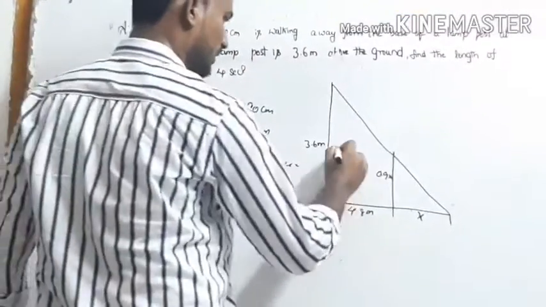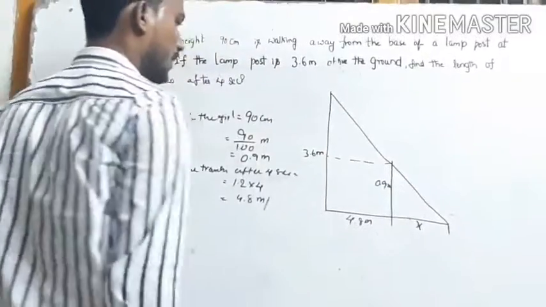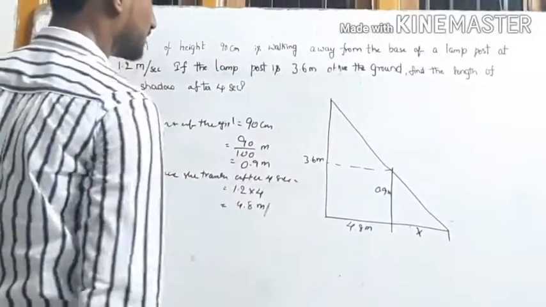This is the 0.9, and the lamp post length is 3.6 meters.